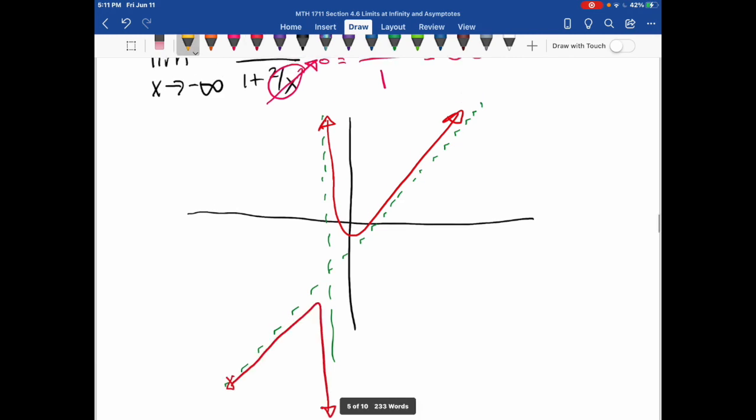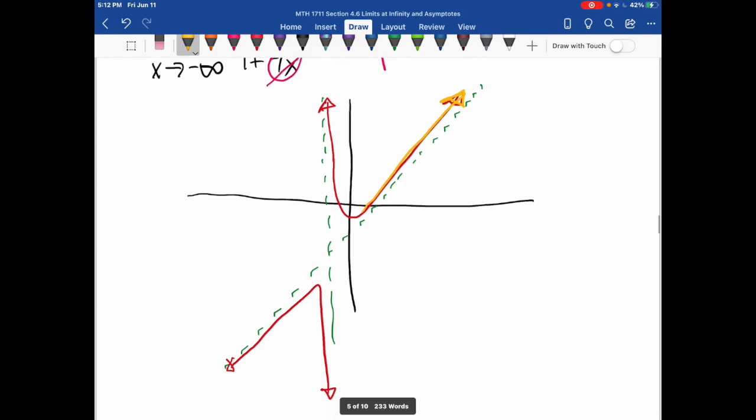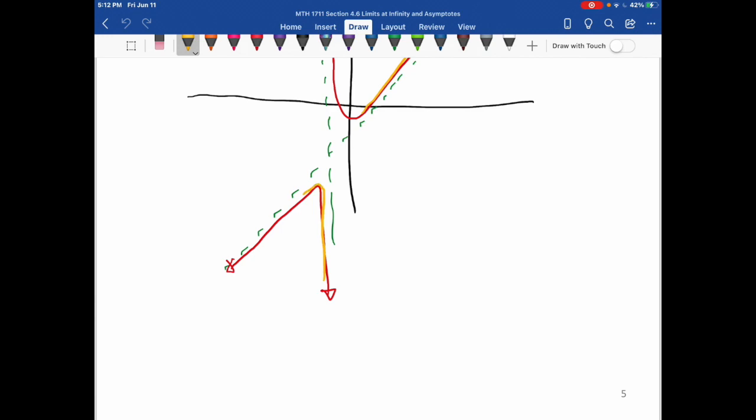So as I trace this graph and head in the positive direction on the x-axis, going to positive infinity, my y value is increasing without bound, so my limit is going to be infinity. Now if I trace the graph going to the left as x goes to negative infinity, this is decreasing without bound, so that means my limit as x approaches negative infinity is going to be negative infinity as well.